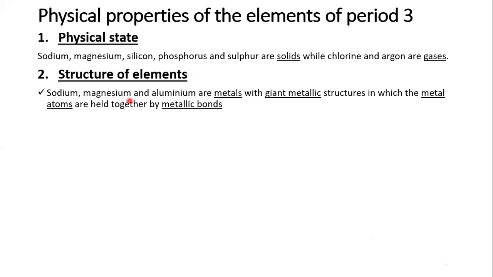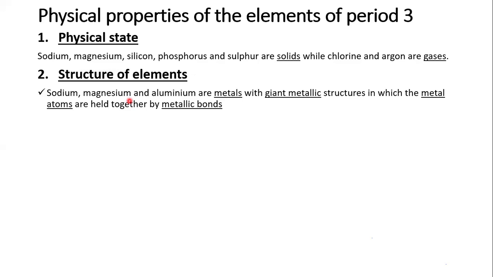But in that extended structure, each silicon atom is covalently bonded to 4 others in a tetrahedral arrangement. So when you just get 5 atoms of silicon, they must be arranged in a tetrahedral.